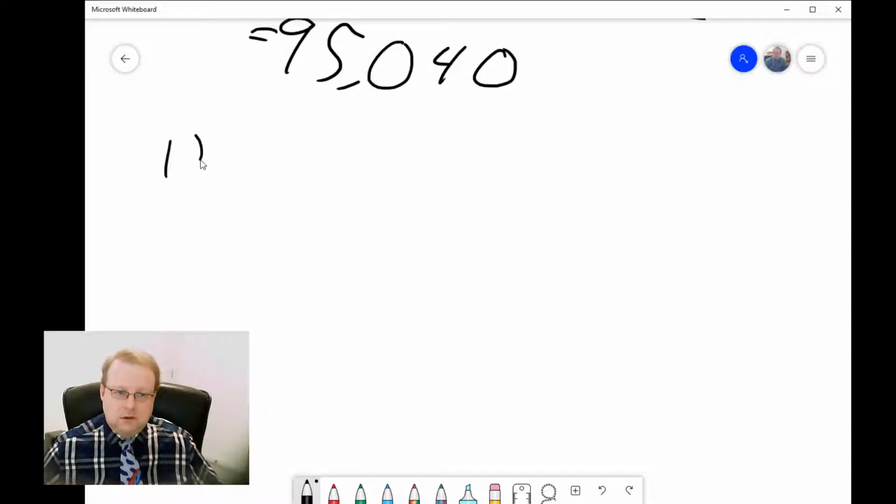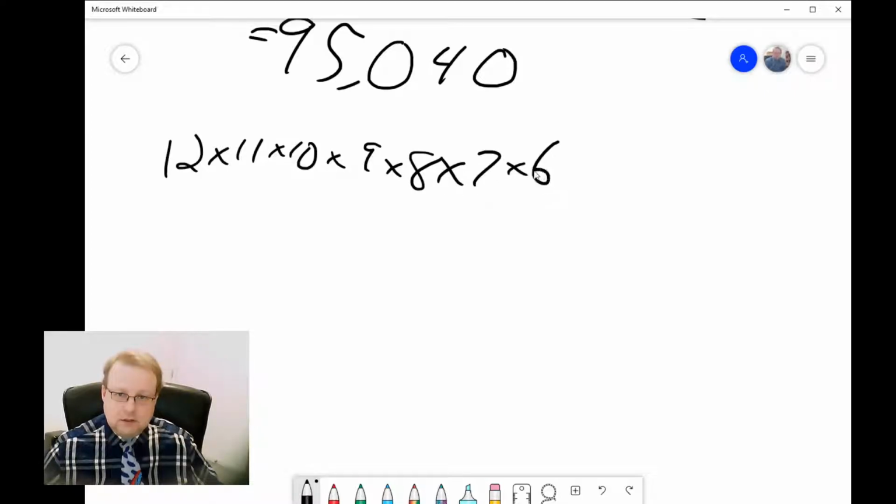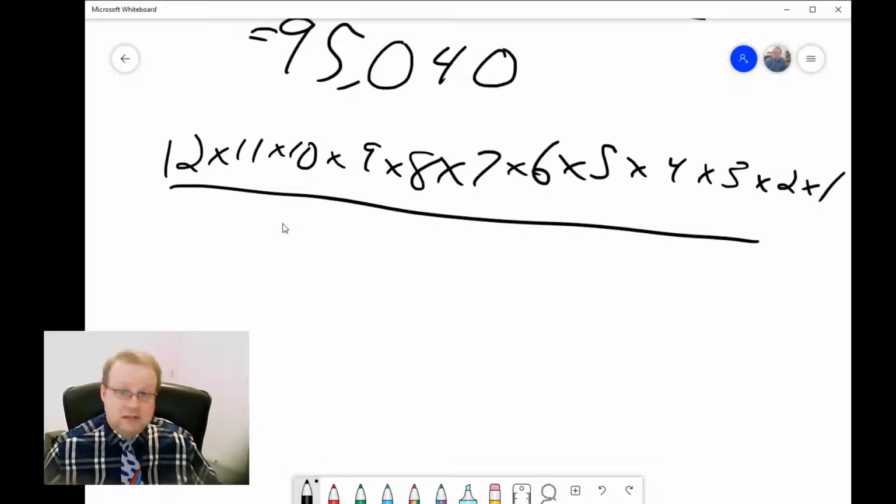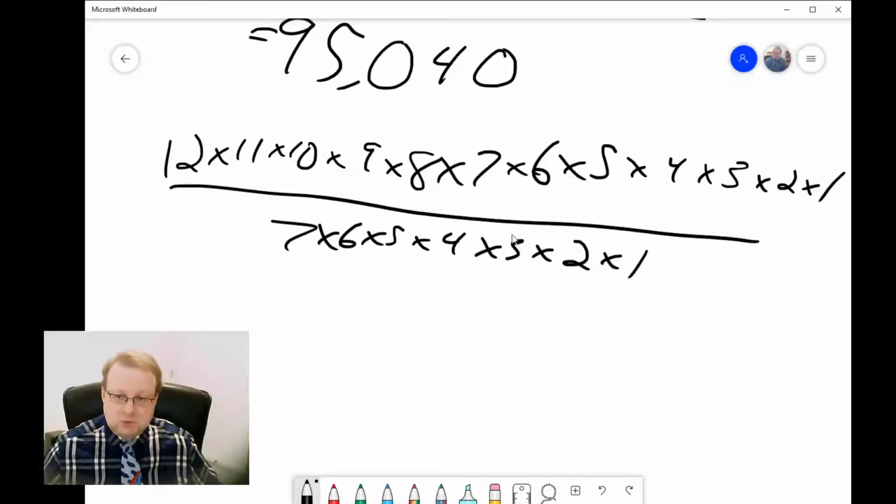So if we had 12 times 11 times 10 times 9 times 8, 7, 6, 5, 4, 3, 2, 1, and then we divide that just by the 7 times 6 times 5 times 4 times 3 times 2 times 1, almost as though we're filling out 12 spaces in the committee and then scrapping the last 7.